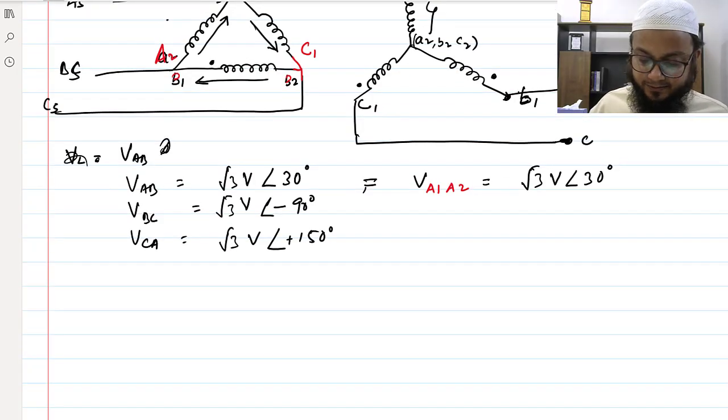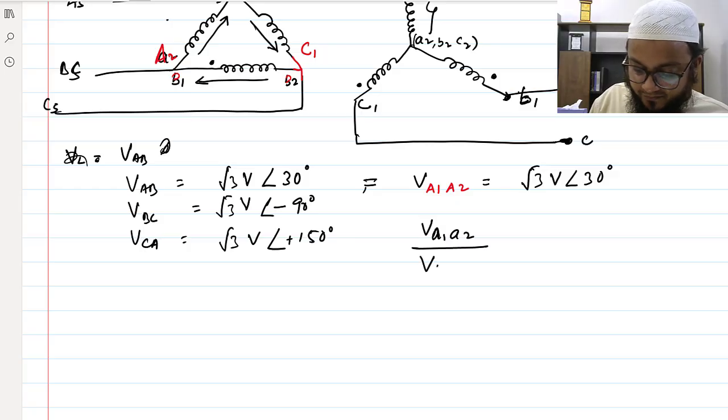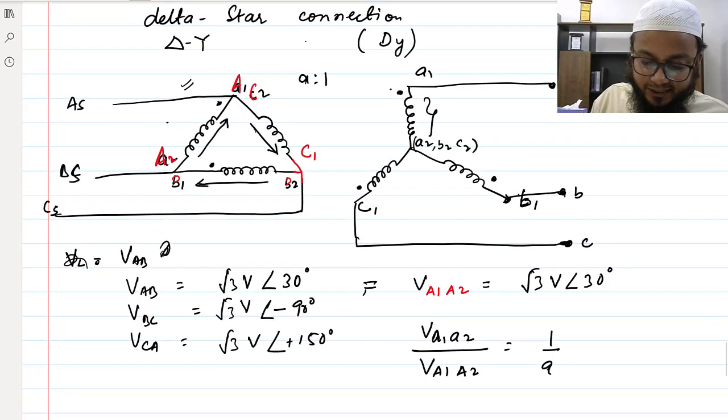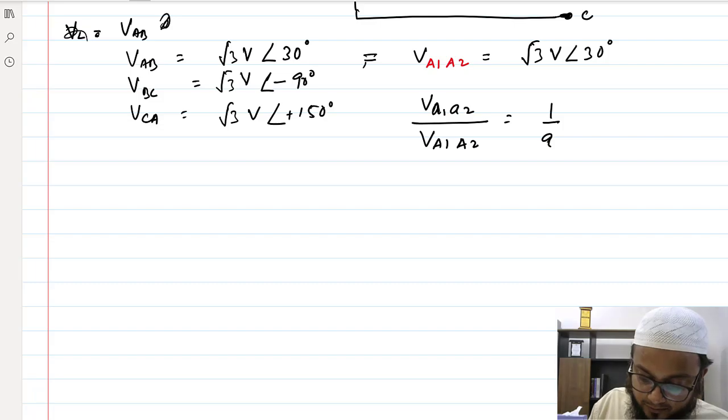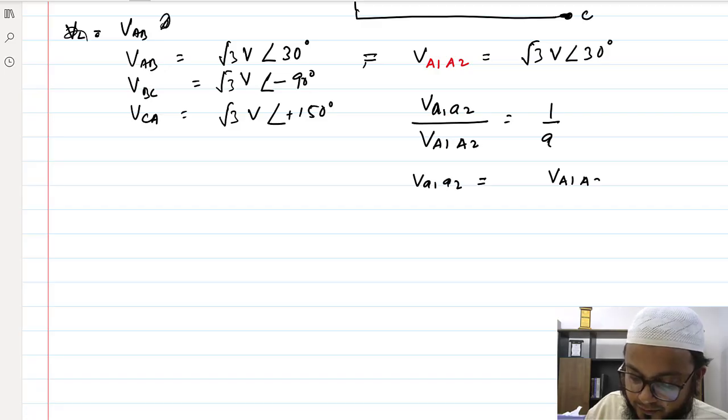That is the concept. So VA1A2 upon Va1a2 is 1 by a, because the turn ratio for the primary side we have defined as a. So this Va1a2 is VA1A2 upon a.